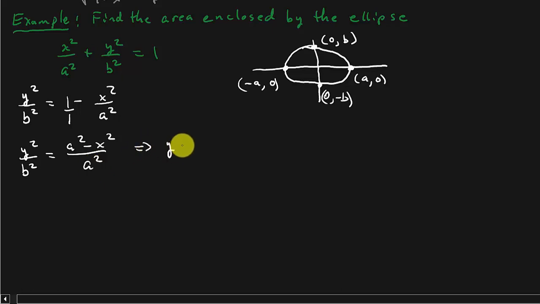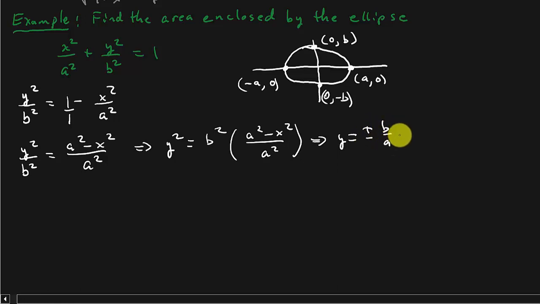And so this is going to give me y squared is equal to b squared times a squared minus x squared over a squared, which is going to give me y is equal to plus or minus b over a times the square root of a squared minus x squared.